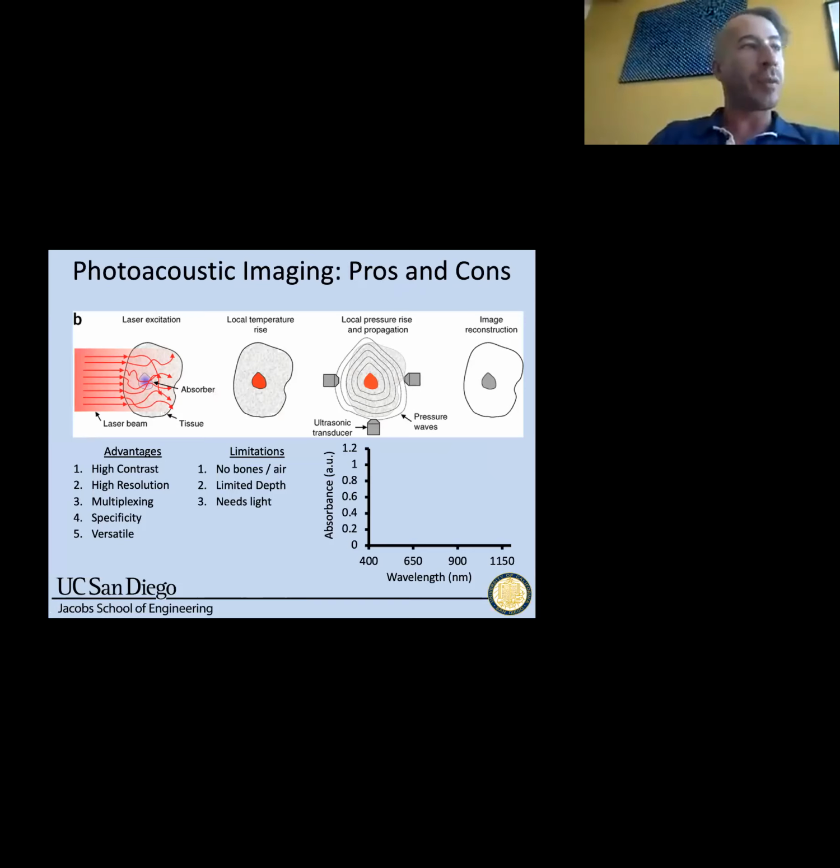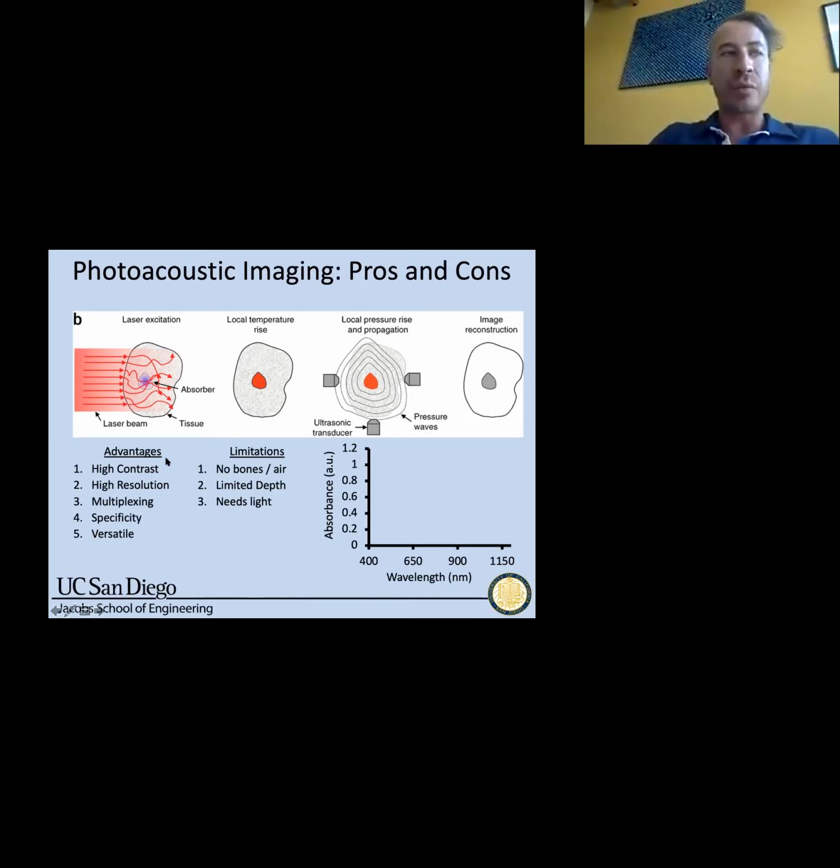The other key point is that we can start to do color ultrasound. Generally, ultrasound only has one color channel of information. Even Doppler ultrasound, which looks red and blue, is basically describing the same pressure waves, right? There's no color ultrasound.